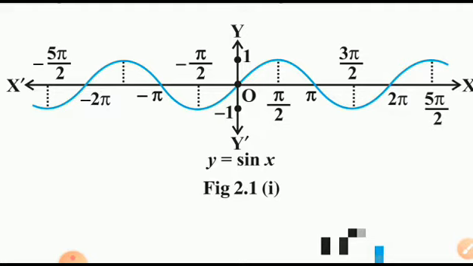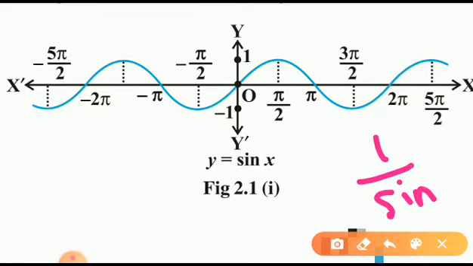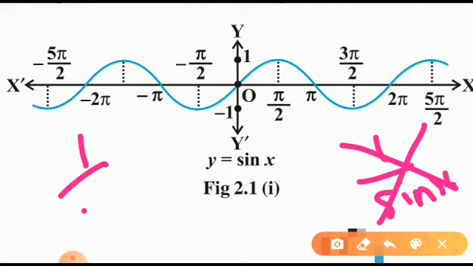Now this is the graph of which trigonometric function? Yes, it is the graph of sin x. Now we are going to see whether I can define sine inverse. Okay, sine inverse is not your 1 by sine x. Always remember, otherwise we always write 1 by x as x raised to minus 1.